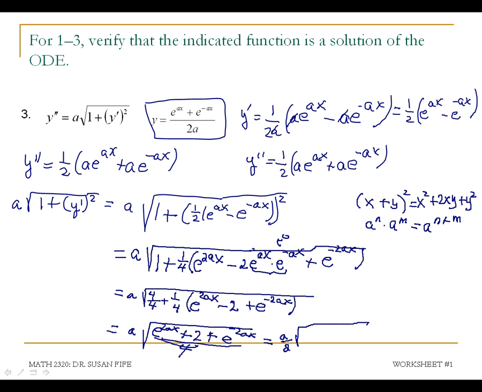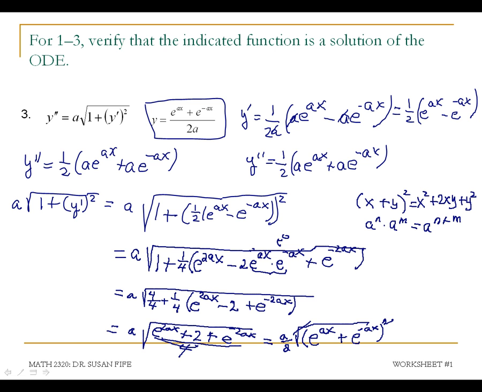Notice that that's very similar to what I had up here: e to the 2ax minus 2, because this canceled, plus e to the negative 2ax. The only difference is that instead of a minus, I now have a plus in front of that 2. This e to the 2ax plus 2 plus e to the negative 2ax is a perfect square, and it factors into e to the ax plus e to the negative ax, squared.